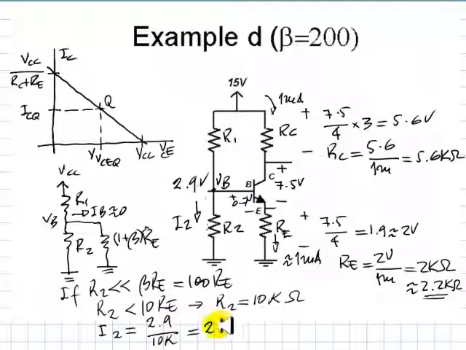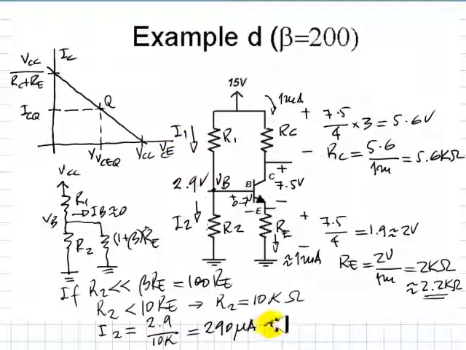That is 290 microamps, which is bound to be much larger than whatever base current we may have, at least 10 times bigger than that. Well, one more assumption, as we have made things so that the base current can be neglected in front of I2, we will approximate I1 to I2.